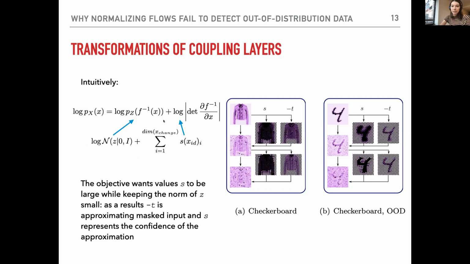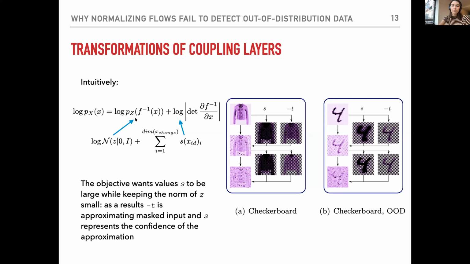The objective forces each coupling layer to predict the masked pixels in the input from the observed pixels. The shift serves as a prediction, while the scale S serves as a sort of notion of uncertainty. This training objective consists of the likelihood of the latent variable plus the log of the determinant of the Jacobian of this transformation.